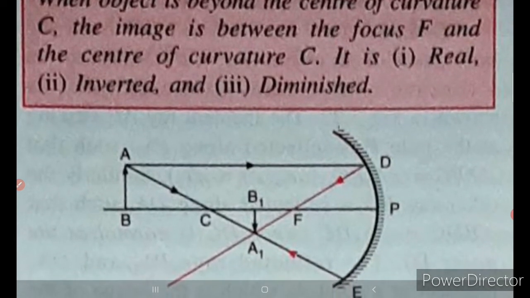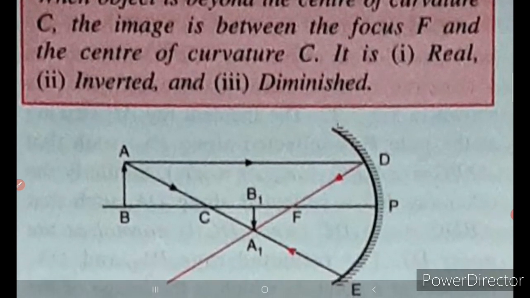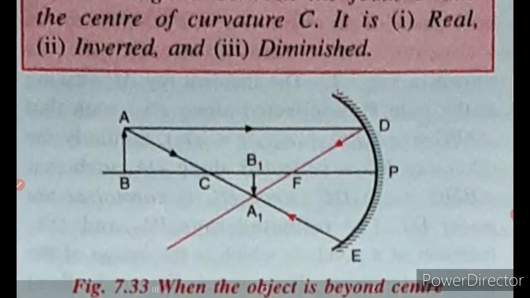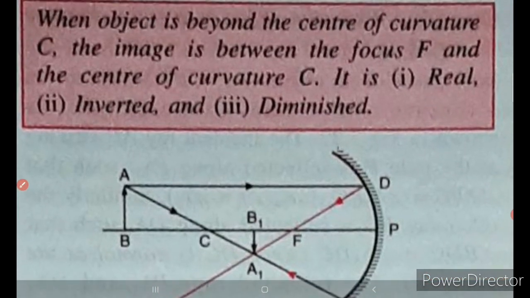The second thing, if it is real, it should be inverted, and as you can see, the size of the object is bigger than the size of the image, hence the image is smaller. So it is diminished. And the last one, it is formed between the center of curvature and the focus, or between the focus and the center of curvature.